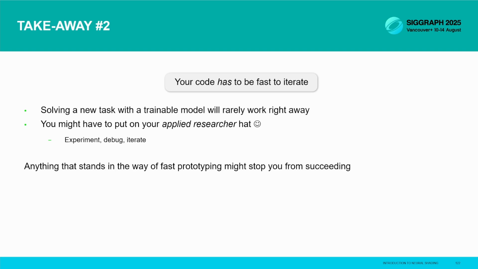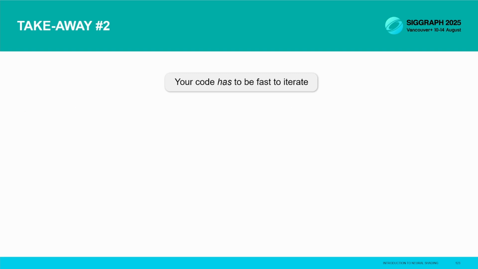And anything that stands in the way of doing that might stop you from succeeding, because it will take that much more effort to run each experiment, and you'll get so many fewer iterations done. And if each time you have to rederive and manually code your backwards derivatives, or if every time you change the model you have to write a bunch of boilerplate for setting up your pipeline or for creating and binding new buffers or loading new shaders, you're much less likely to get to the experiment that will actually point you to success.